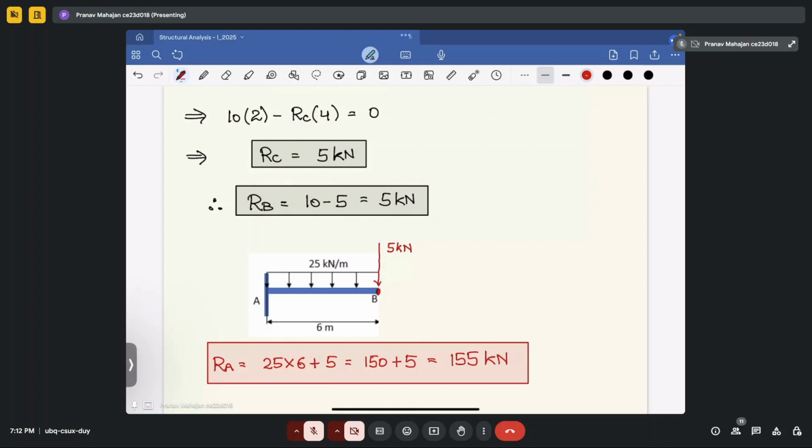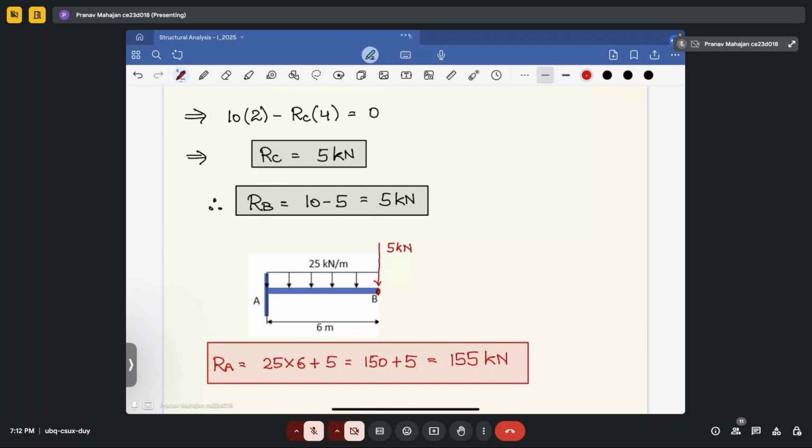Okay, so let's summarize the session. We have solved the problems related to shear force as well as the bending moment diagram. Then we have seen how to determine the static determinacy and kinematic indeterminacy. This will give you an overview of what you have already learned in the structure analysis course.